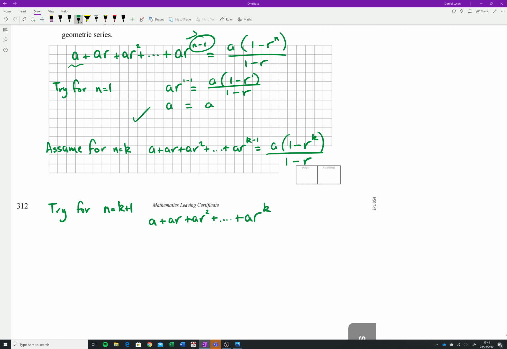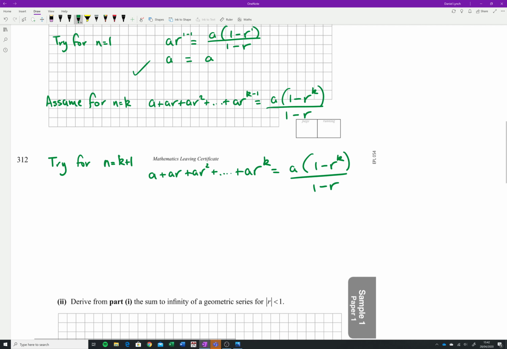That's just going to be the power of k. And it's equal to a times 1 minus r to the k plus 1 over 1 minus r. Okay, remember the trick. We want to use this thing inside of there. We're saying that if it's true for a particular value, it will be true for the next value, k plus 1. So we want to use this thing in there.